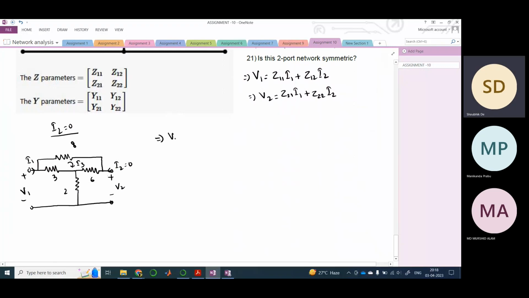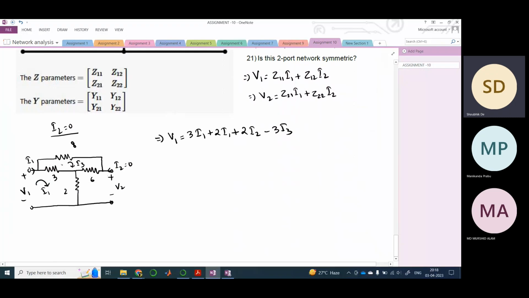So what would be V1? It would be 3I1 plus 2I1 plus 2I2. I'm also writing I2, and this would be minus 3I3. Why? Because I1 is in this clockwise direction and I3 is in this anti-clockwise. Sorry, both are in clockwise direction, right?